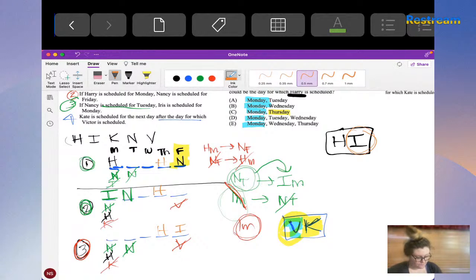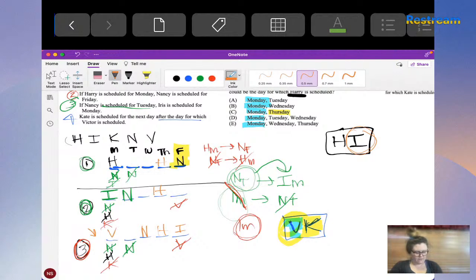So we have HI. Well, in this case, if we do HI, we know that N can't go first or second in this world. So that means N has to go third. And then who do we have left? We have K and we have V. Well, K can't go first, so it has to go VK, right?